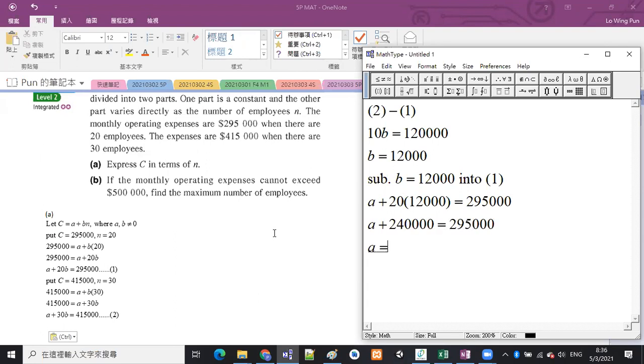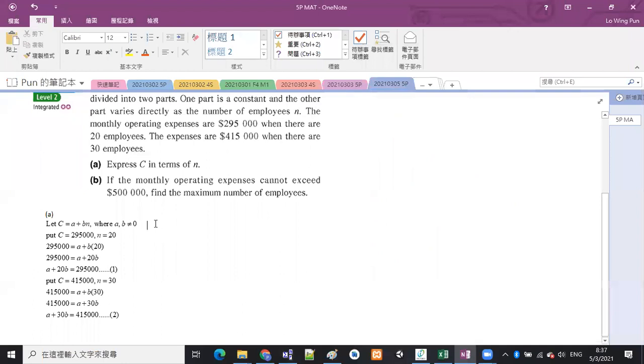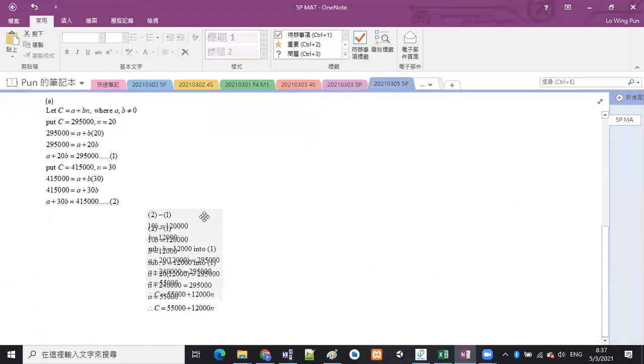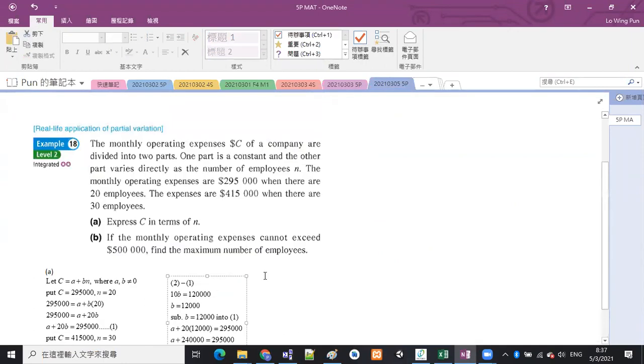And then A can be calculated to be 55,000. Yes, I think it's correct. Then we write down the complete equation. Therefore, C is equal to 55,000 plus 12,000 times N. And that is the answer of part A.